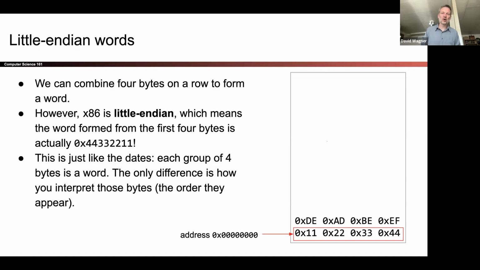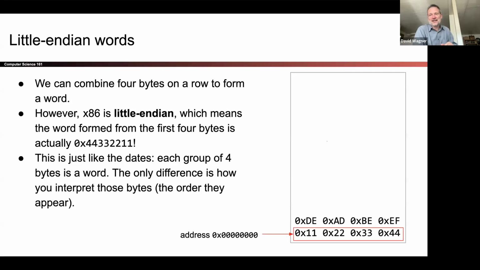I put the byte 11 in the first lowest numbered address, and then I put the byte 22 in the next address, address 1, and then I put the byte 33 in the next address, address 2, and the byte 44 in the next address, address 3. So when you write out what's in memory, we go left to right, it's going to look like the number is reversed when you look at the individual bytes. It's because it's little endian.